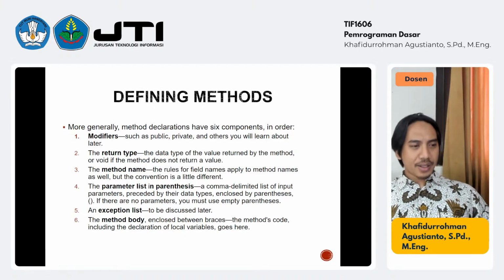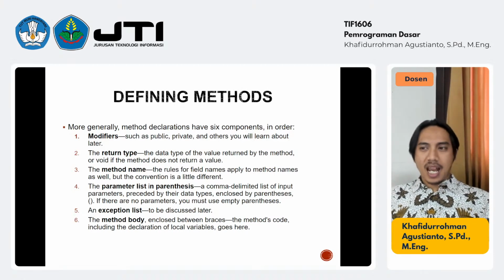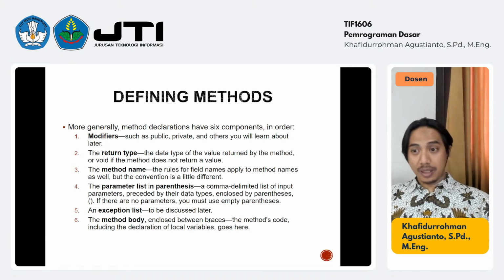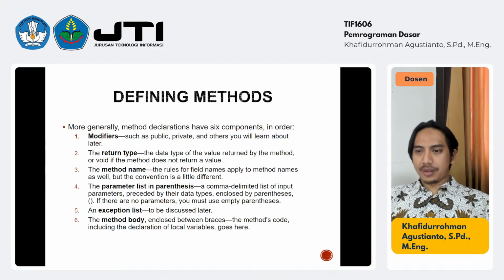Okay, more generally, method declarations have six components in order. First is modifiers, as I said before, such as public, private, and the others you will learn about later. Then return types, this is an important part in telling the differences between which methods are classified as functions and which are classified as procedures.